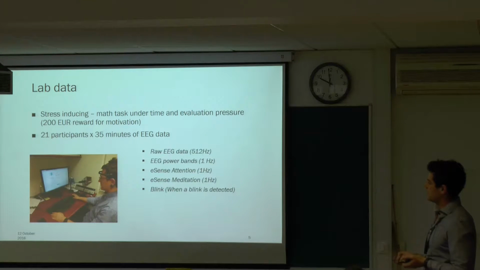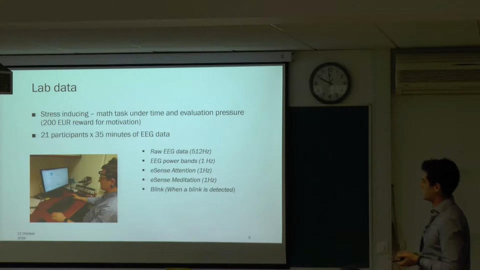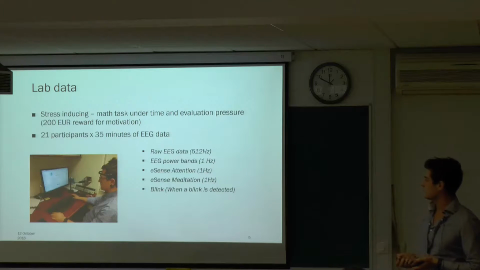The EEG device that we use is a commercial EEG device. Here the subject is wearing on his head a one-channel EEG device. It provides raw EEG data with a frequency of 512.